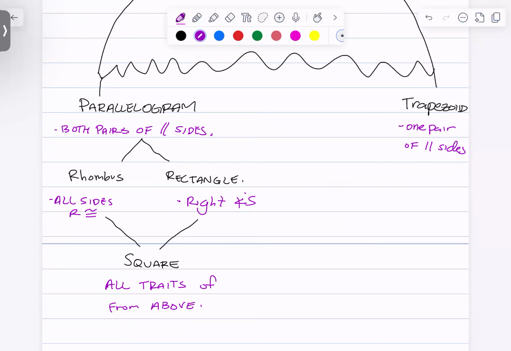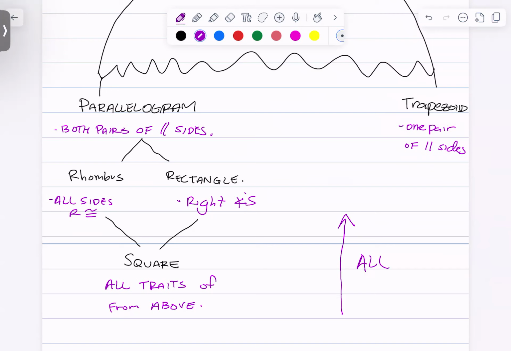So all squares are rectangles. All squares are rhombuses. All squares are parallelograms. All squares are quadrilaterals. So as you go up this umbrella, it's all.